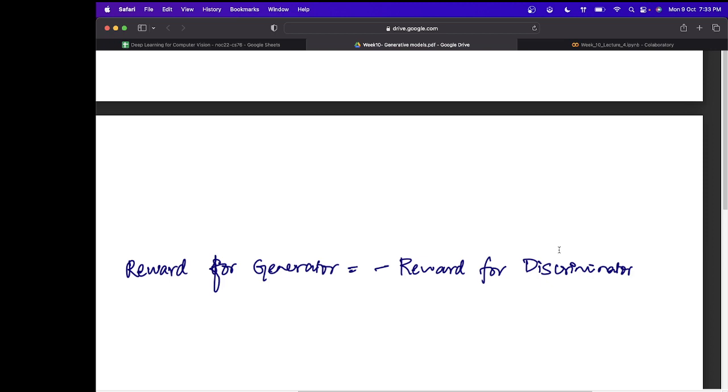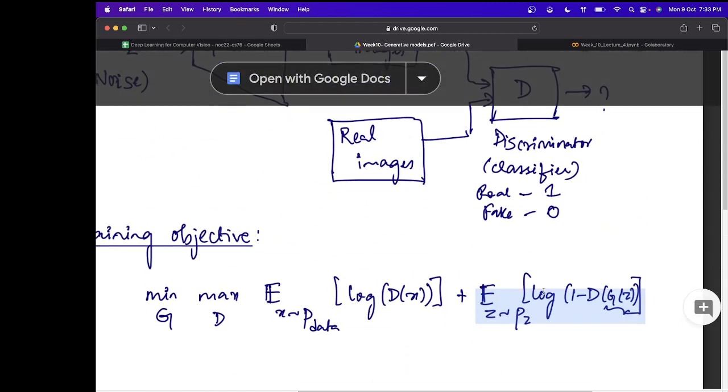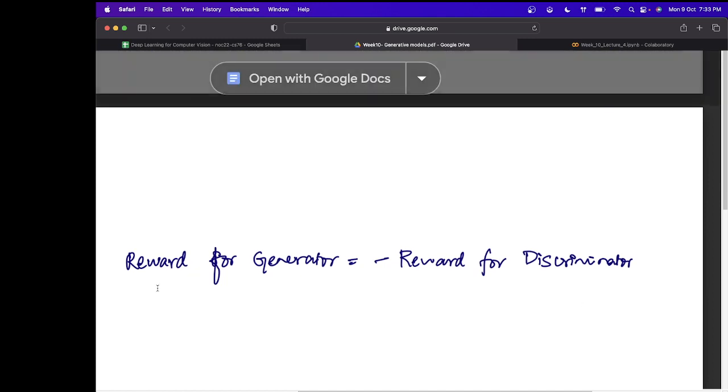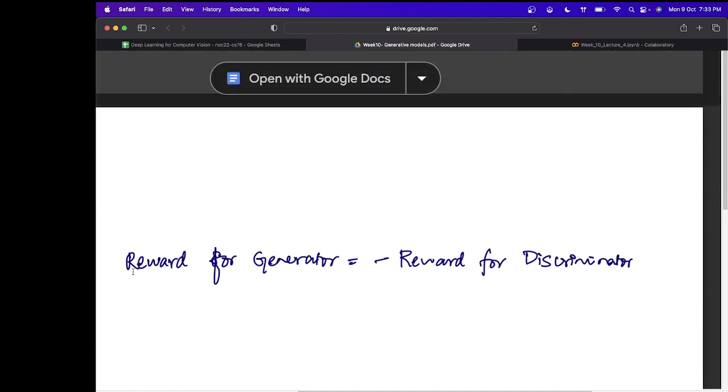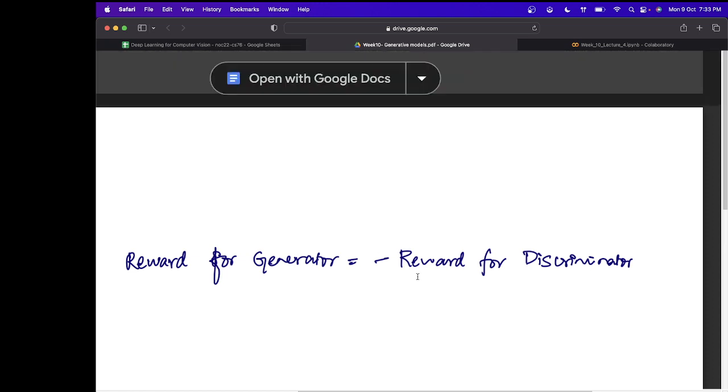Right. So, like I said, it's as if the rewards for these two are playing in the opposite way, right? Conceptually, the reward for the generator and the reward for the discriminator are complementary. So one is the negative of the other.